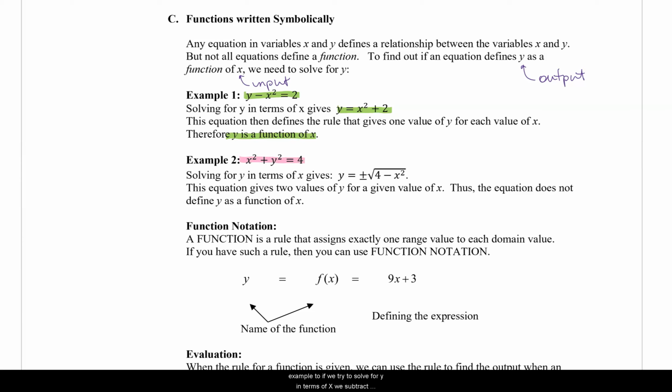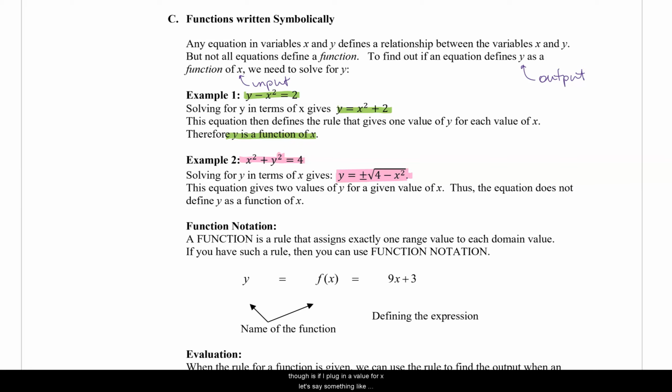Looking at example 2, if we try to solve for y in terms of x, we subtract x squared from both sides, and then we take the square root to get rid of this y squared part. We end up with this equation, y equals plus or minus the square root of 4 minus x squared. We will be working with these square roots a little bit later on in the chapter on radicals. So if that's not familiar to you right now, it will be.